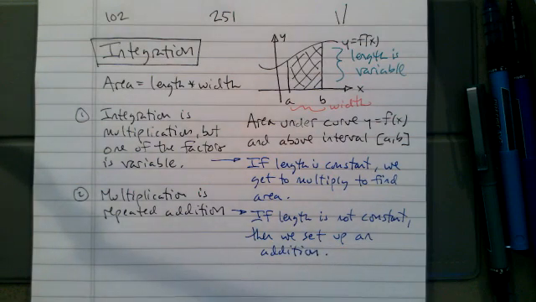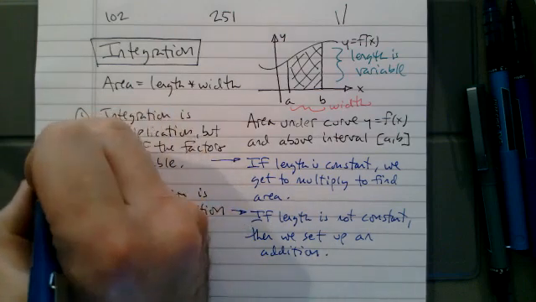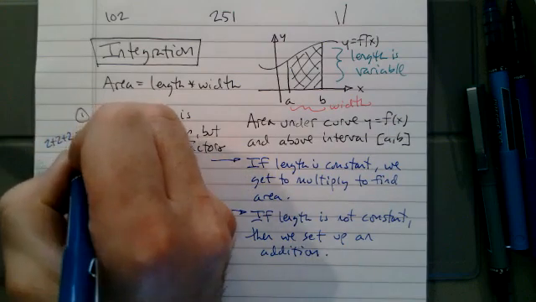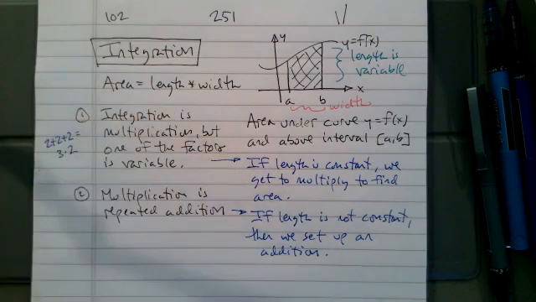If the length is not constant, then we set up an addition. I should have said a sum. But we set up an addition problem. If I have 2 plus 2 plus 2, that's 3 2's.